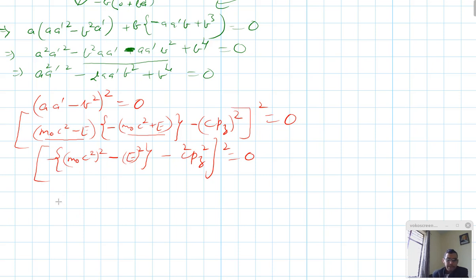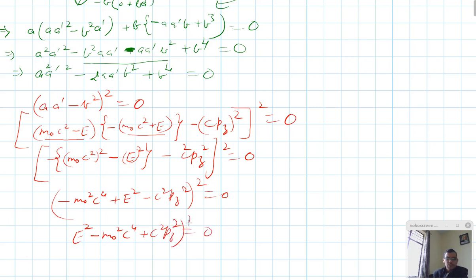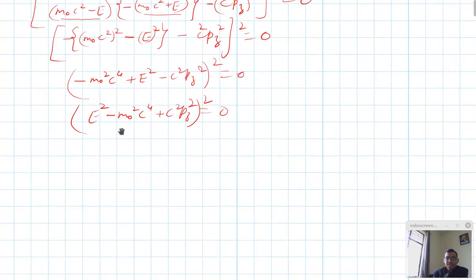So it is minus m naught square c4 plus E square minus c square pz square whole square, it will be equal to 0. So in other words, I can say that E square minus m naught square c4 plus c square pz square is equal to, right? So that means this is the square.